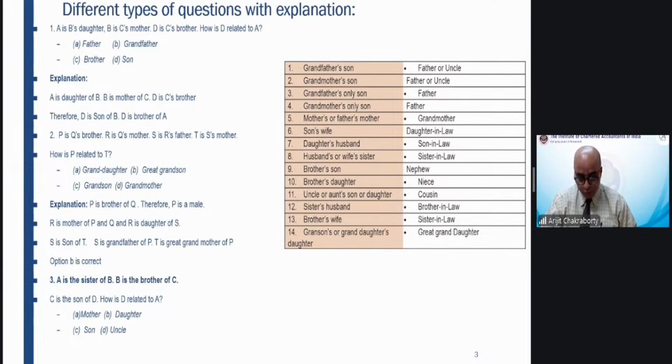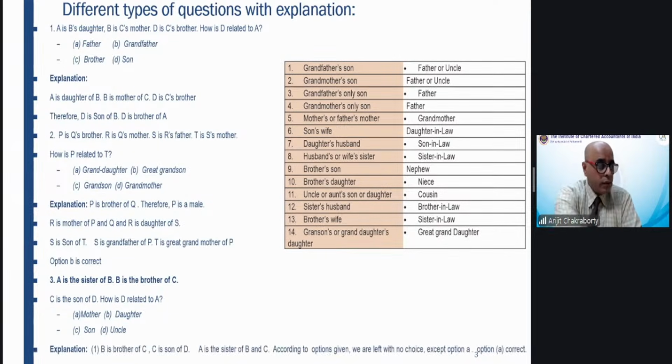So if we look at the options given, 4 options are given. So let's see the explanation once again. B is the brother of C. C is the son of D. A is the sister of B and C. So as I was explaining, A is the sister of both B and C. B and C both are male, they are brothers, and they have one sister, that is A. So according to the options given to us, it is clearly said that C is the son of D. So D's gender is not clearly identifiable.